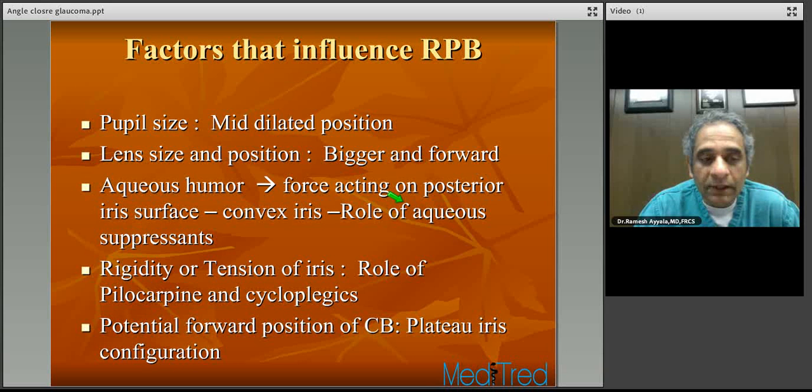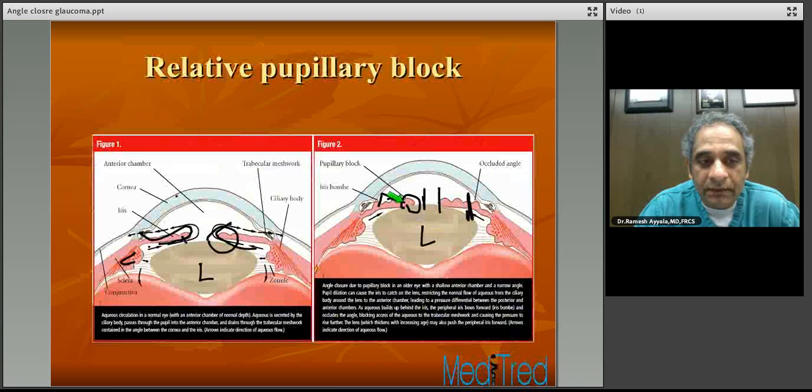So one of the concepts that I want you to take home, based on this aqueous humor formation and its role in forming a convex iris, is if you decrease the aqueous production, obviously the amount of fluid that is going to act as a vector force against the posterior surface of the iris is going to be decreased, so as to decrease the convexity of the iris, which in turn would mean that the angle structures will open up.